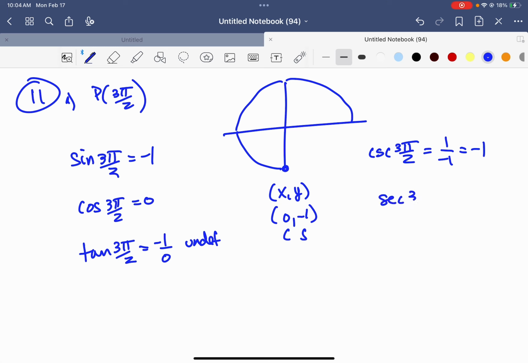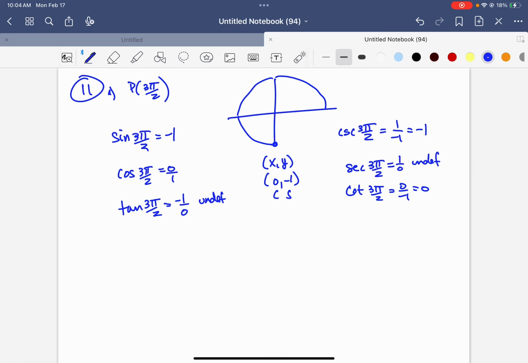My secant of 3 pi over 2 is 1 over 0, which is undefined. And my cotangent of 3 pi over 2 is going to be 0 over negative 1, which is 0. All right, so it's 11a.